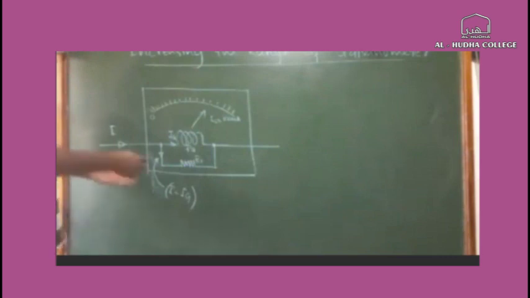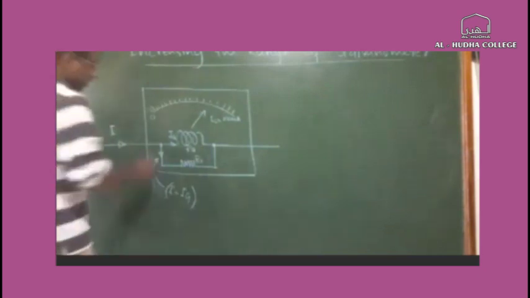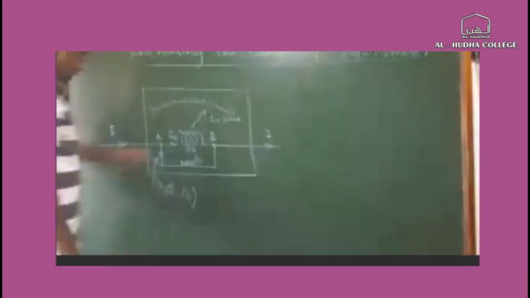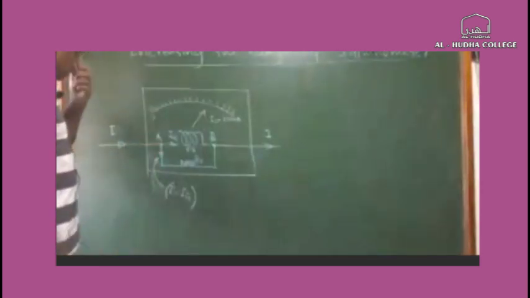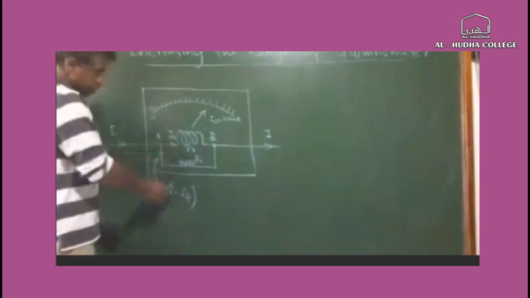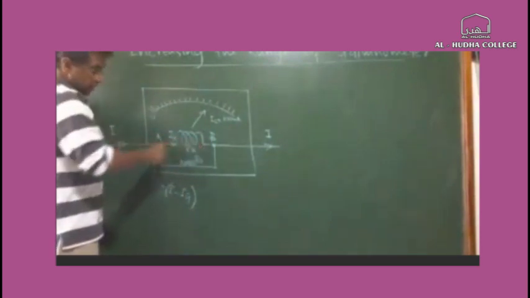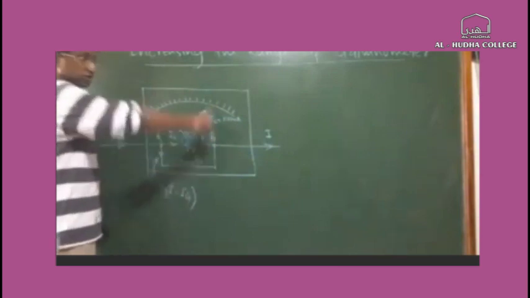Okay, now we'll try to write an equation for this. Assume these two points are A and B, right? So the current that enters here is I and this is also I. This current is divided between Ig and I minus Ig. Ig is going through the internal resistor and I minus Ig is going to the shunt resistor.